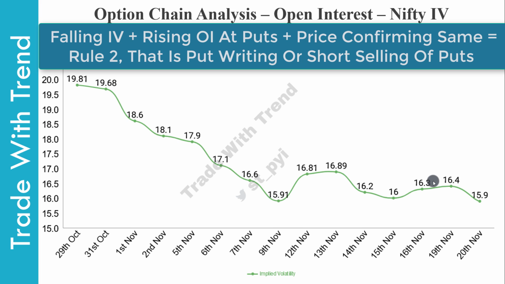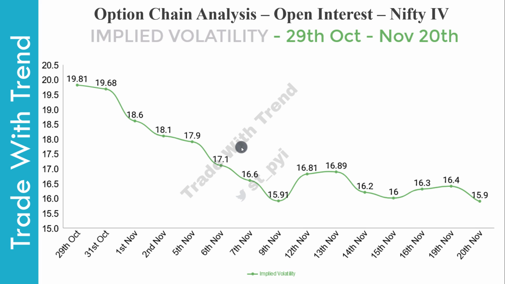So if you remember, this was rule 2 when it came to price and open interest analysis along with implied volatility analysis. And what did rule 2 suggest? Rule 2 suggested that whenever an increase in open interest in puts happens along with a fall in implied volatility and price confirming the same, that indicates fresh short formation or writing in puts.